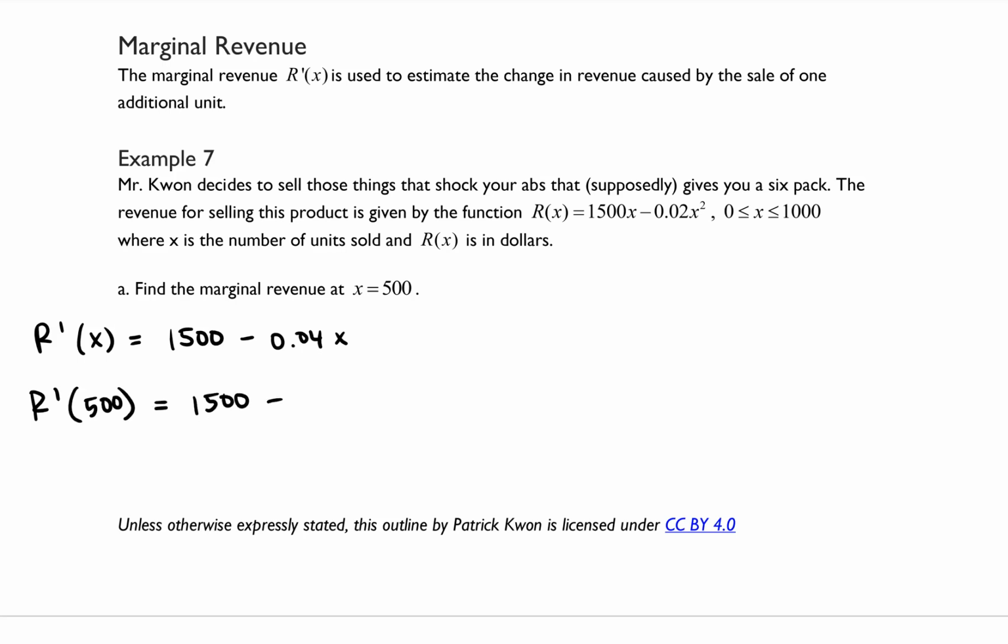If we do that, we get 1500 minus 0.04 times 500, which is equal to 1500 minus 20, which equals $1,480. So we can interpret this to mean that the approximate revenue from the sale of the 501st unit will be $1,480.